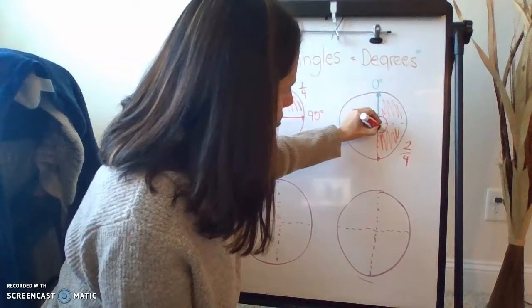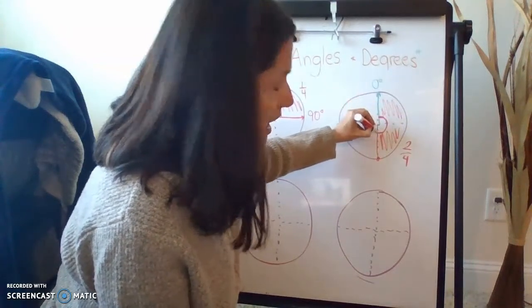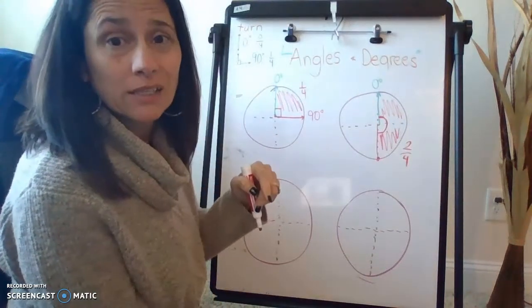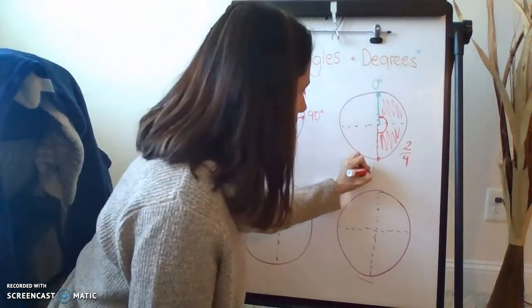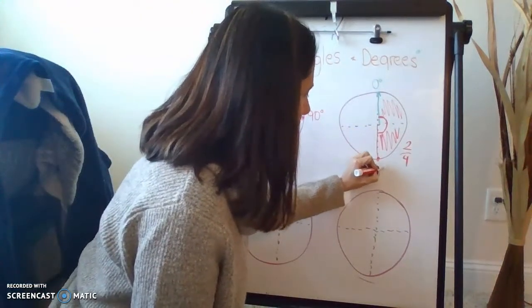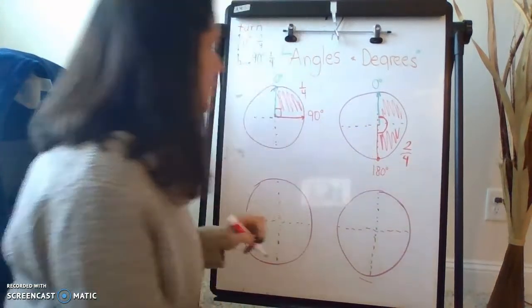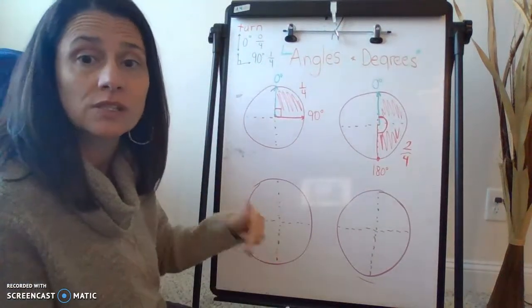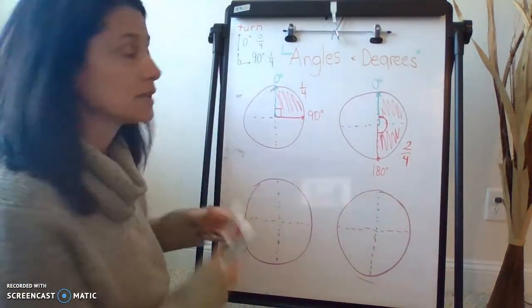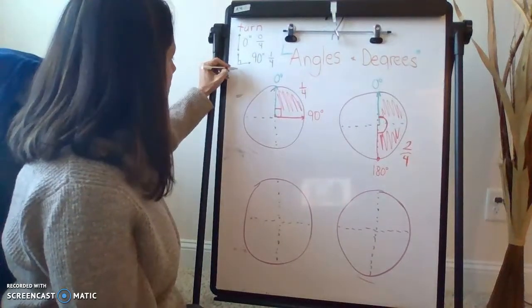So I'm going to put my little circle here. I've got my half circle here. 2 90s together, because this is 90, then this is 90, is 180. So I'm going to come back to my symbol over here: 2 turns is 180 degrees. The line looks like this.